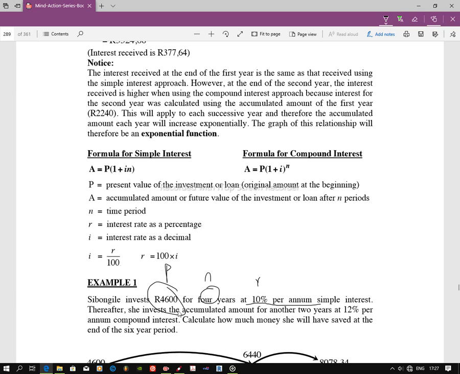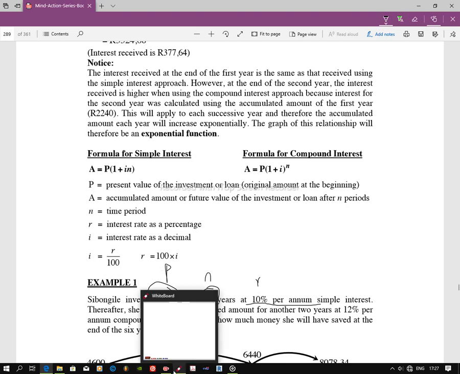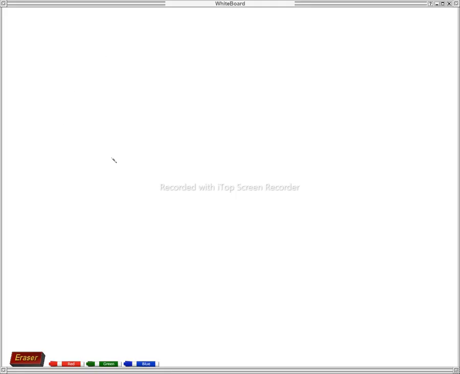Let me write this given data on the board. My P was 4,600, and N is 4 years.